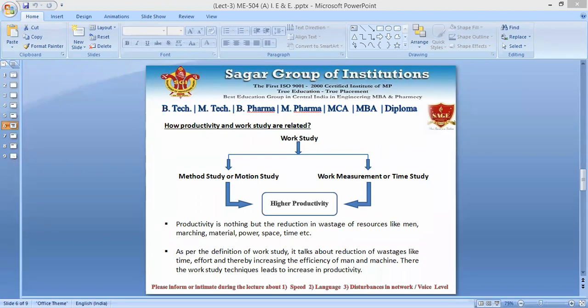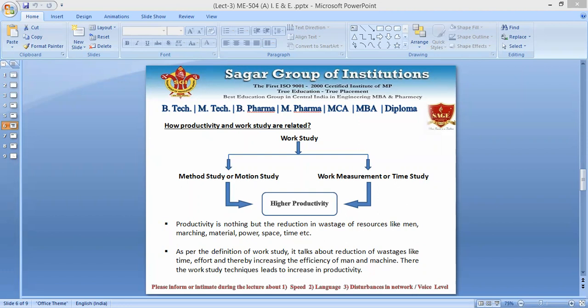Now, to reduce the cost of production and to successfully face the competition within the country and abroad, we need to have that tool to work on.